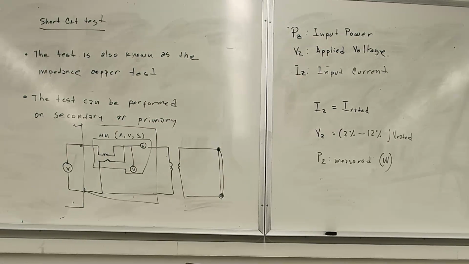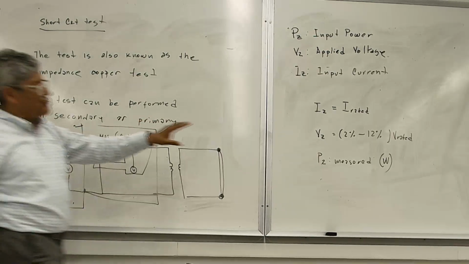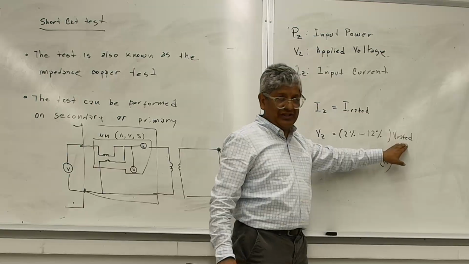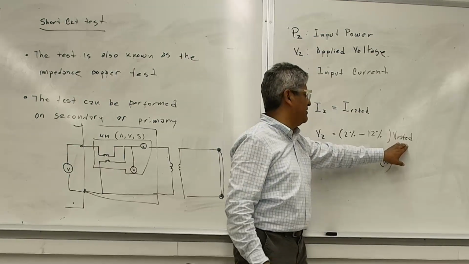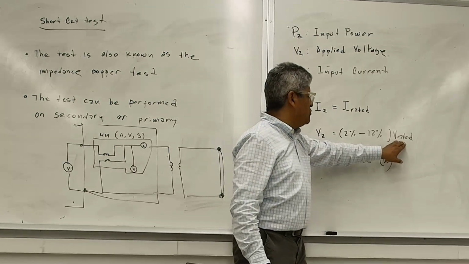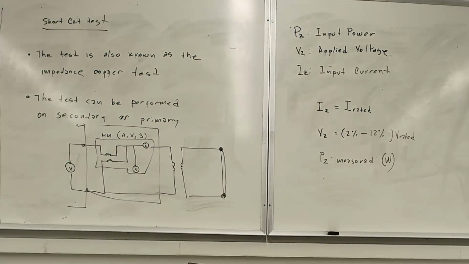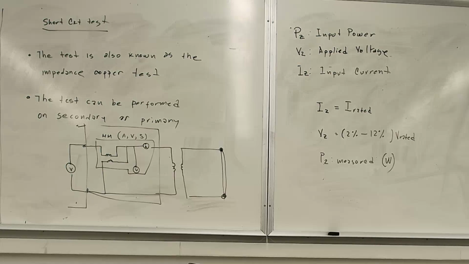And if things are good for you, say the transformer is rated for 120 volts, that's the rating of the transformer primary. You don't have to get the voltage here where the short circuit is all the way up to 120 volts.